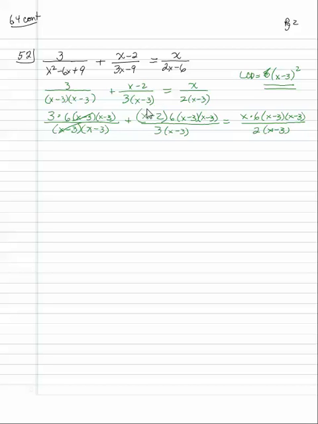So cancel and then multiply out what's left over. 3 goes in 6 twice, so we got 2 times x minus 2 times x minus 3. 2 goes in 6 3 times, so I got 3x times x minus 3.